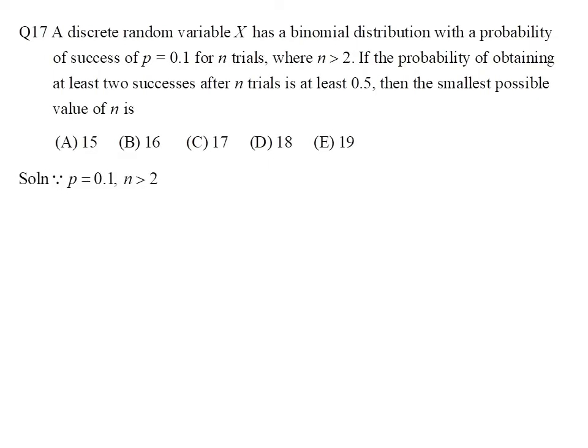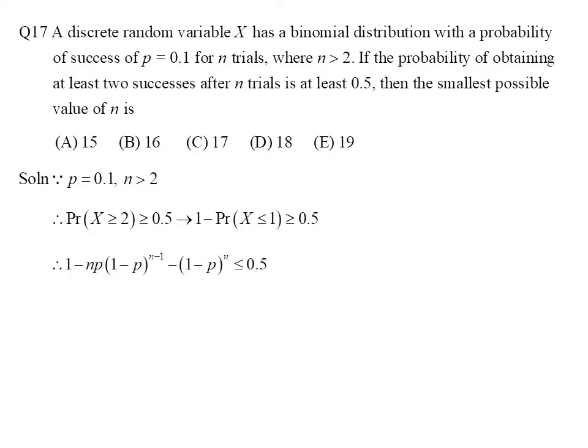Since p equals 0.1 and n is greater than 2, Pr(X ≥ 2) ≥ 0.5 can be written as 1 minus Pr(X < 2) ≥ 0.5.